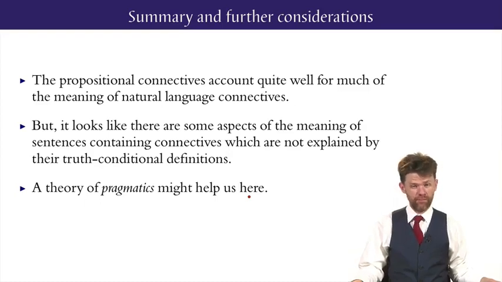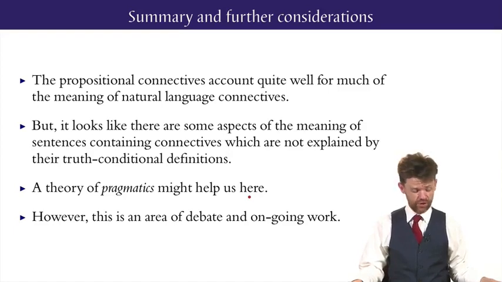This is a place for pragmatics to help. Truth tables tell us when things are true, if the truth tables are correct. There's a great scope for a larger story about when we might choose one statement over another. And implicatures and the cooperative principle and Grice's maxims give us a few pieces of that larger story. And this is an area of active research and ongoing debate in linguistics and logic to this day.